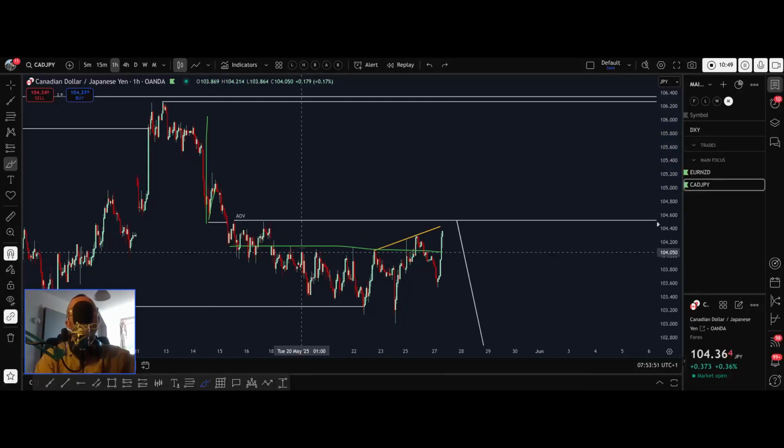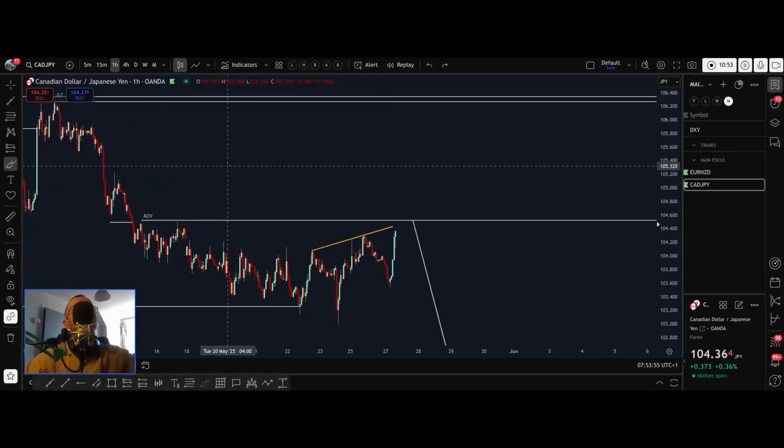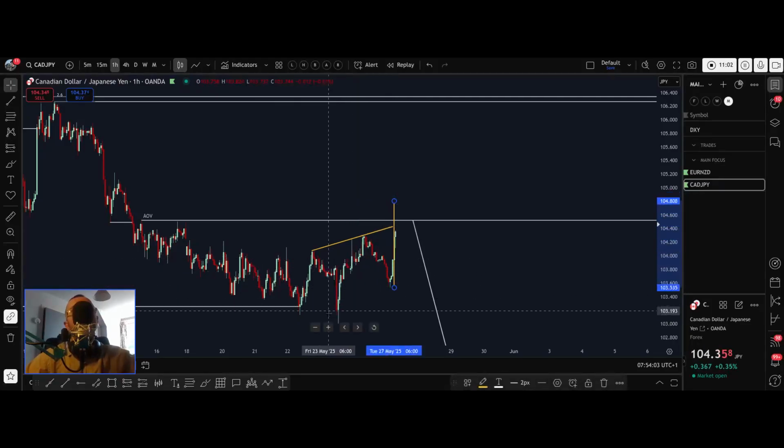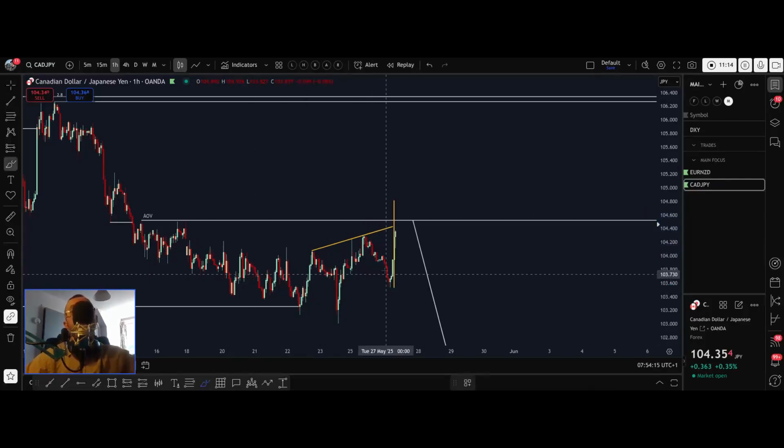So I'll be waiting for an insurance entry, just a little push down from this area, especially as well because if we just measure this, so I'm doing what I just did a minute ago on the other pair, right? So if we get an impulse correction continuation, if this is the completion leg of this impulse correction continuation within this reversal structure, you can see just by looking at this that because this is slightly steep.